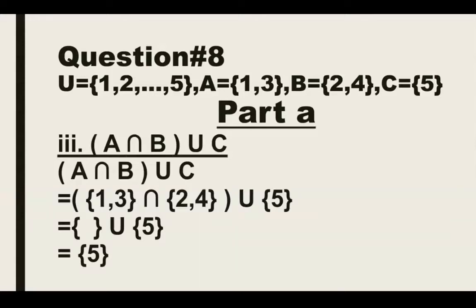As in intersection, we find out common elements, but there is no common element in A and B, so their intersection will be empty set. And now we will take the union of empty set with the set C, which is 5. The answer will be 5.